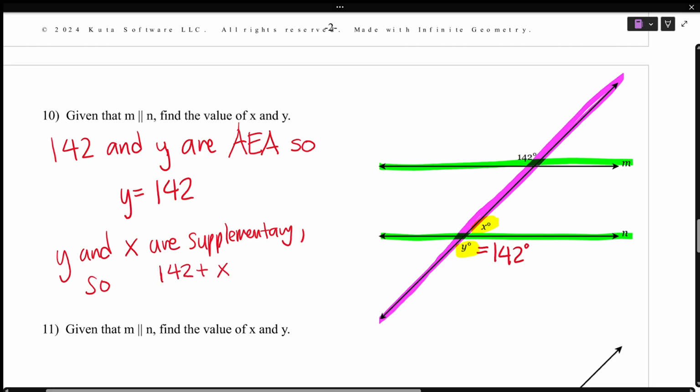Instead of y, I'm just going to say 142 because we know 142 is y. Minus 142 on both sides. x is equal to 38. That's it. So we know x is 38.